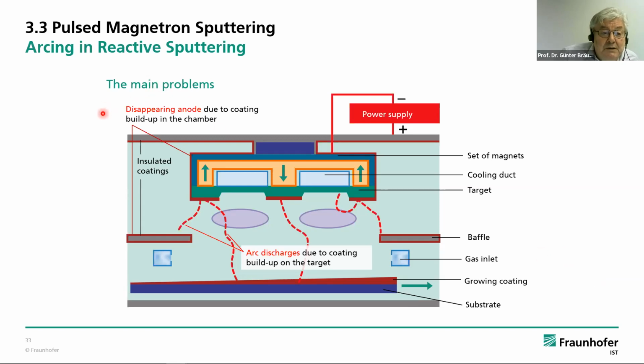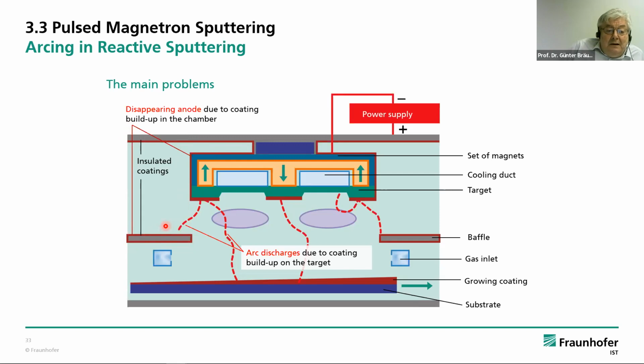That means we use silicon and we sputtered silicon in an argon oxygen gas mixture. And it worked well in the beginning, and after 1 or 2 hours, all the inner surfaces were coated with the highly insulating material, and there were huge potential differences, and this caused arcing.